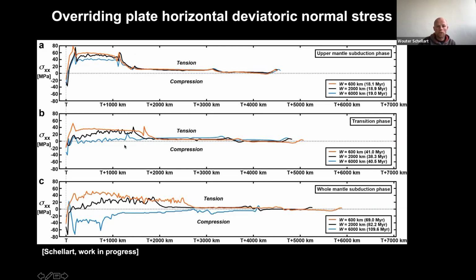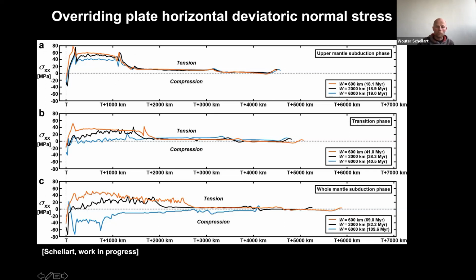As the slab starts to sink into the lower mantle, we see for the orange line, the narrow slab model, stresses are still tensional, but for the wide slab model, they're close to neutral, close to zero. And then here, the bottom diagram, the late stage of the model run, when for all models, the slab is well into the lower mantle.